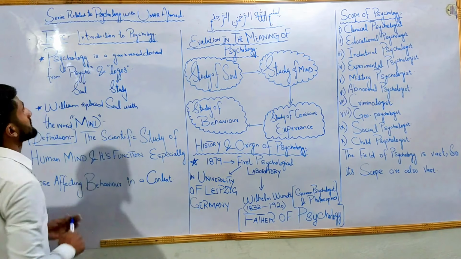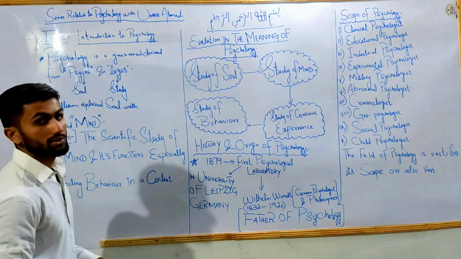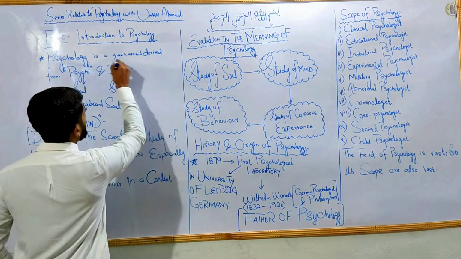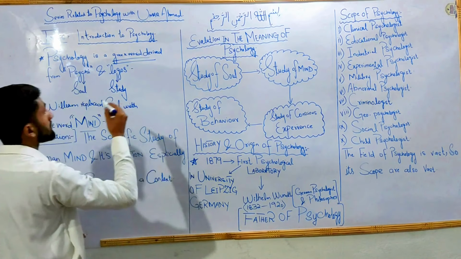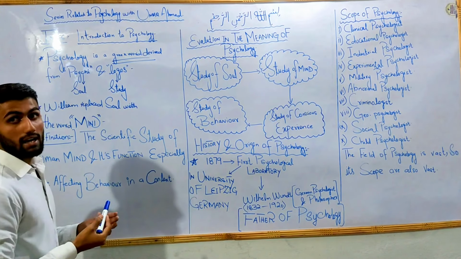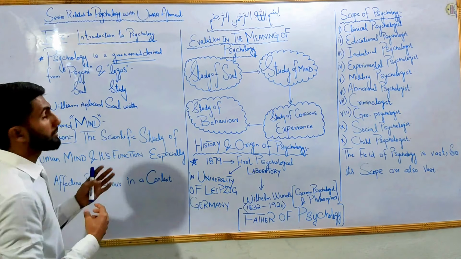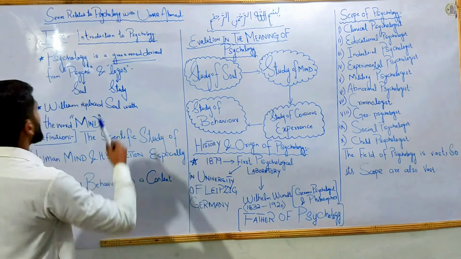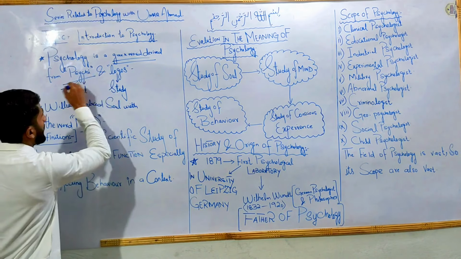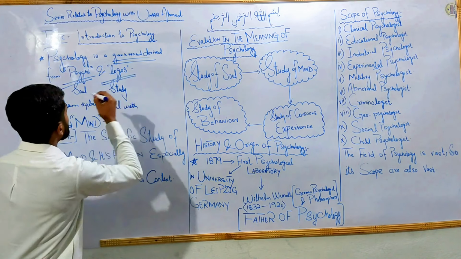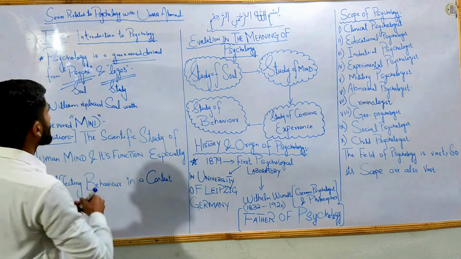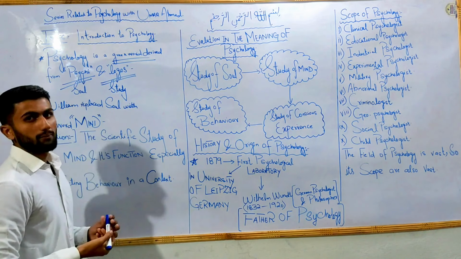So first we will discuss the introduction of psychology. Psychology is a Greek word. Greek is a language, and it basically comes from a Greek word, derived from the words psyche and logos. Psyche means soul, and logos means study.